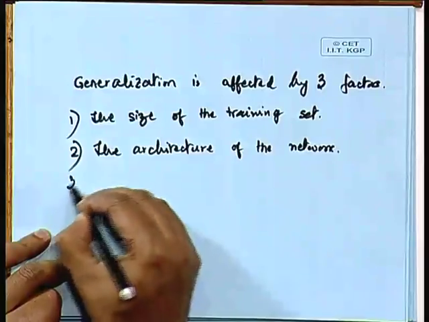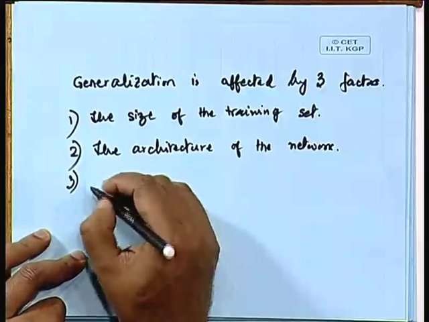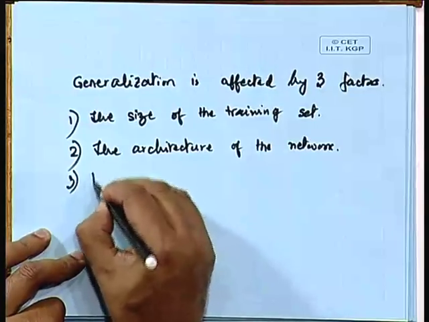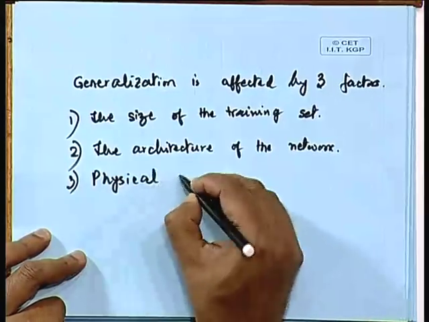That is to say, you can influence the architecture of the network. And the third factor, of course, is not under anybody's control because it is very much problem dependent: the physical complexity of the problem at hand.